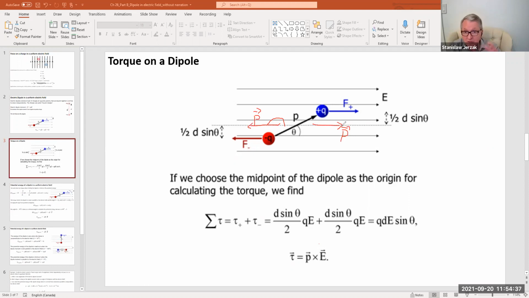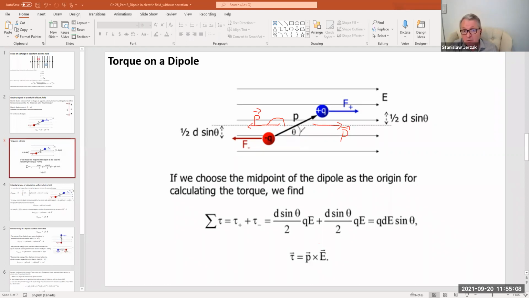When we consider energy in a minute, you will see that the dipole actually likes the anti-parallel orientation, because then the torque will be 0 and the energy will be minimum. When the dipole is parallel to the electric field, torque is 0, but that is not a stable situation, and usually the dipole will flip to the opposite orientation, as you will see on the next slide. But for now, I just explained a little bit about the torque.